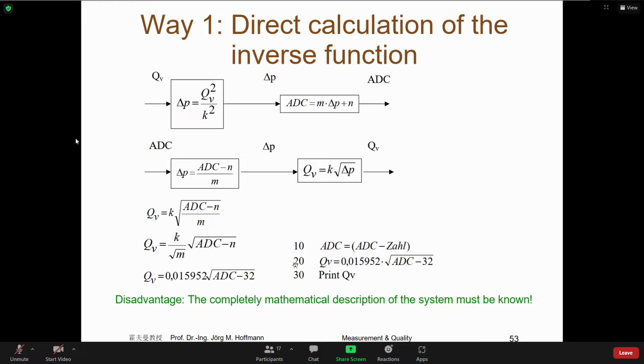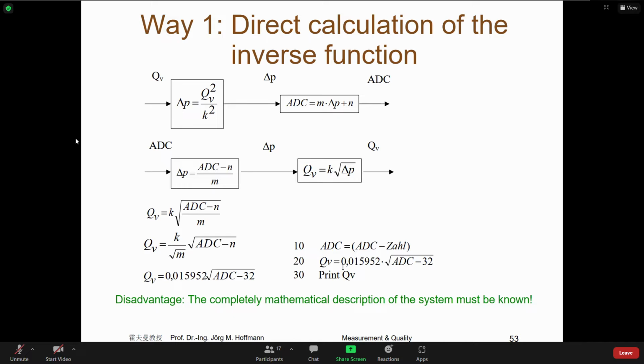That is a very easy way, but you must be sure that the nonlinearities are only from the mathematical background of the task. You should not have additional nonlinearities.